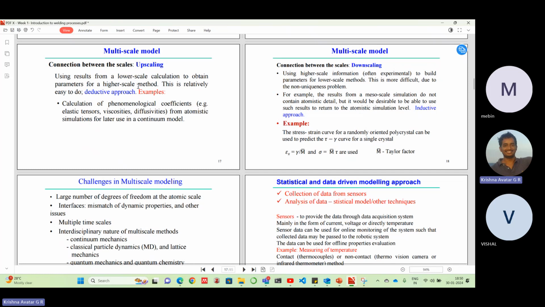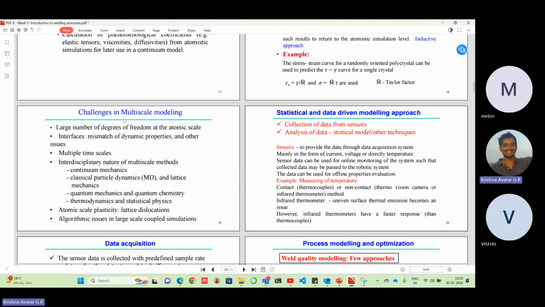So on an average we get some quantity, but if we move the other way, we can have different distributions giving us the same average. So that is one of the cons of the multi-scale model, which tends to use the downscaling approach.